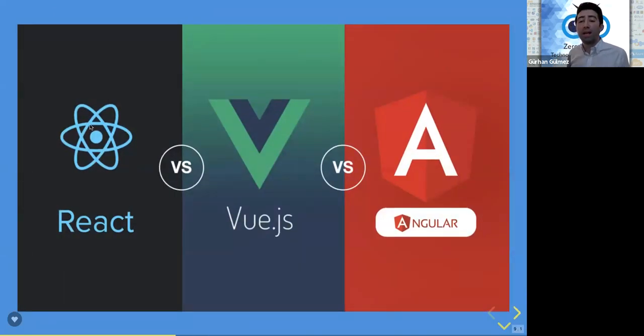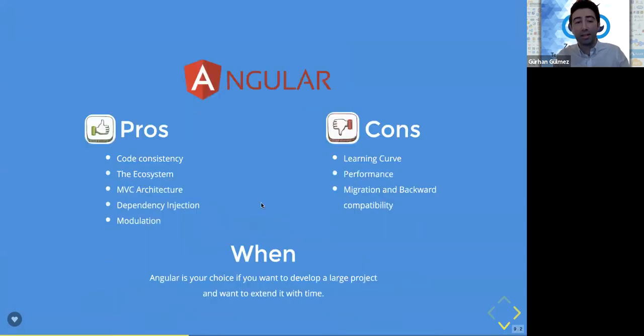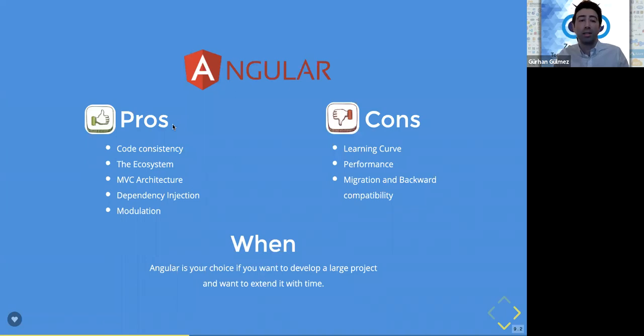React, Vue.js, and Angular. Yeah, this comparison is very classic in these years. When we talk about the front-end world, we have really powerful opportunities. Let's begin with Angular. Briefly, Angular was developed by Google, and its code consistency is really high, a very mature platform, and code consistency decreases bugs and improves productivity.